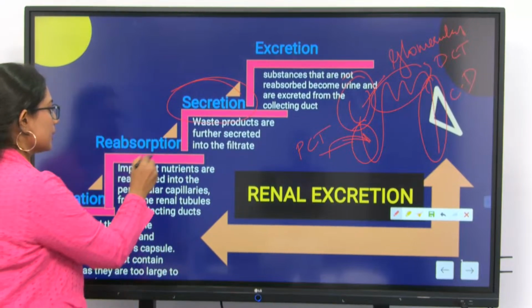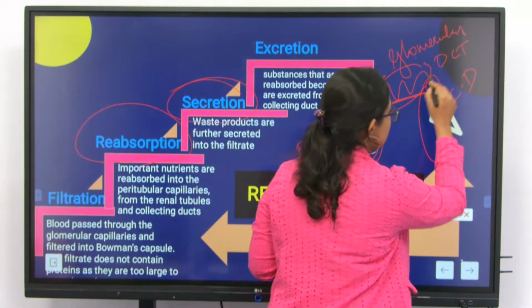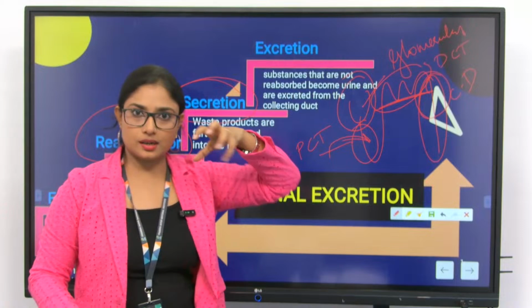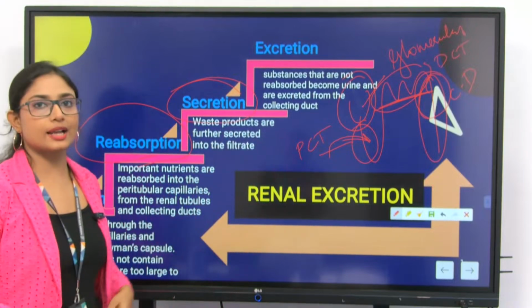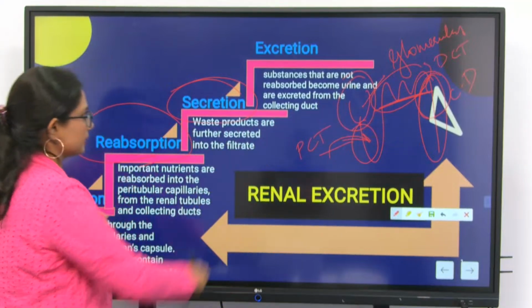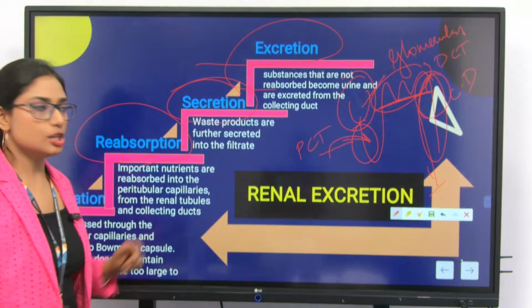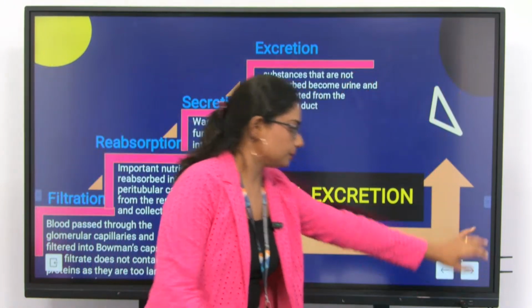Next comes reabsorption, which normally happens in the distal convoluted tubule and some part of the collecting duct. Some drugs, vitamins or minerals get reabsorbed back into the blood. At the end, it gets excreted through the collecting duct. These are the four processes of renal excretion.